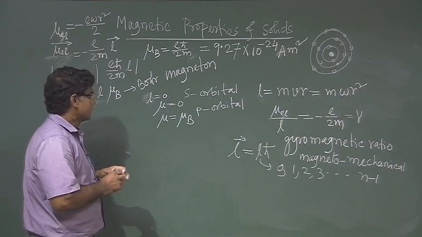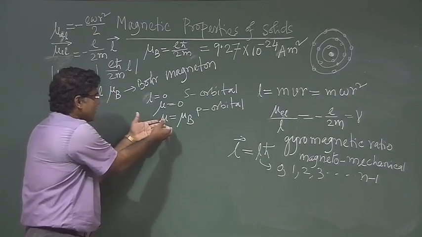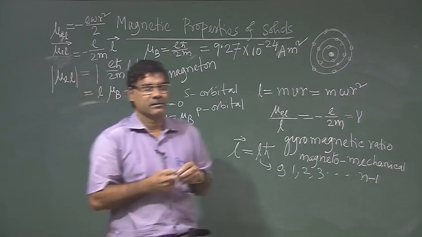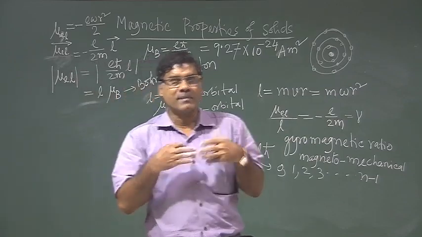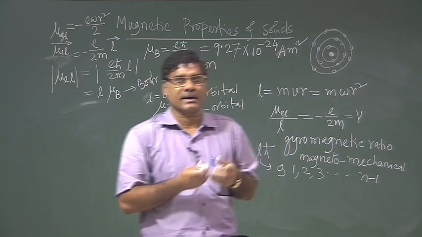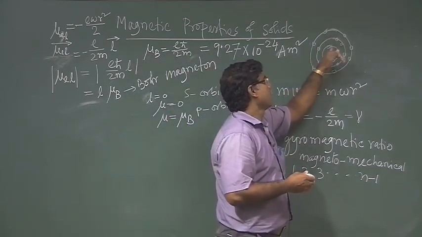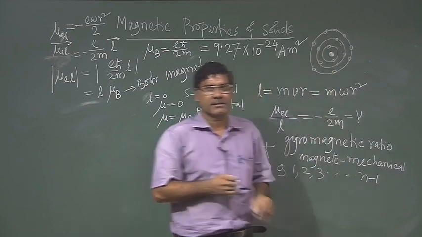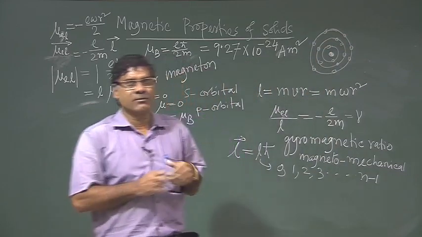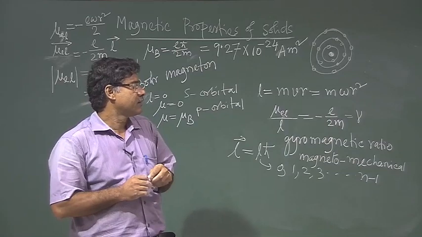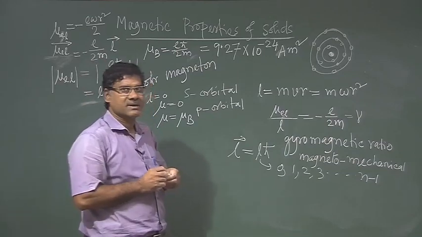To find the resultant orbital magnetic moment, we have to take the summation of the individual ones. That we get from the vector model, vector summation.